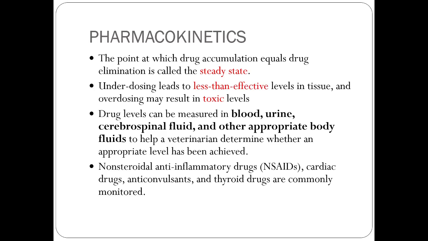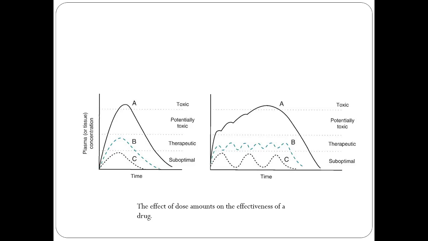If you know anything about animals on chronic medications, you'll know that we usually test their blood and the levels of those drugs, or how those drugs are affecting specific tissues like the heart or the liver, every 6 months or so, sometimes more frequently.